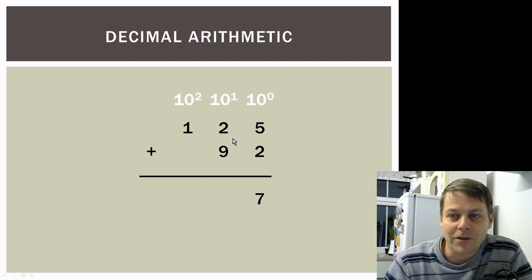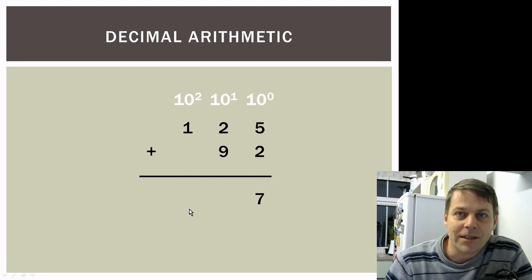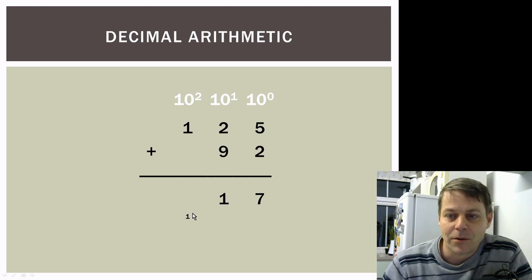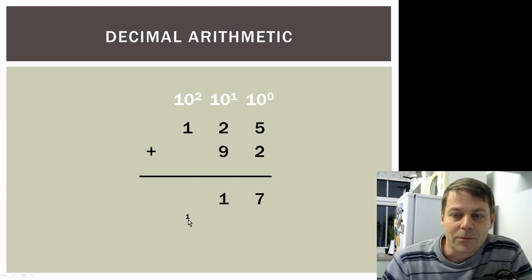Then we move across onto the next column. 2 plus 9 is 11. We put a 1 in this column and we carry 1 over into this column. Because we've carried this one over, we add this into this column. So 1 plus 1 is 2. 217. Very simple.